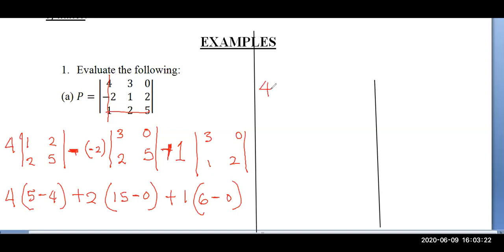So we have 4 plus 15 minus 0 is 15, times 2 you have 30. Then plus 6 minus 0 is 6, times 1 you have 6, plus 6. And of course, can I say therefore that determinant of P is equal to 40.